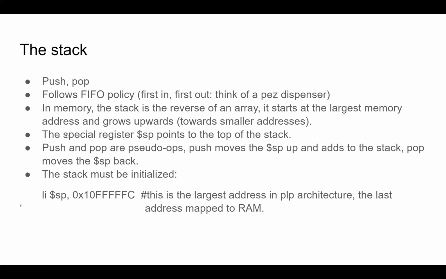And then we have the special register that points to the top of the stack. And then we have push and pop pseudo ops. For push, it moves the stack pointer up and adds to the stack, and then pop moves the stack pointer back down and takes whatever value was there out.